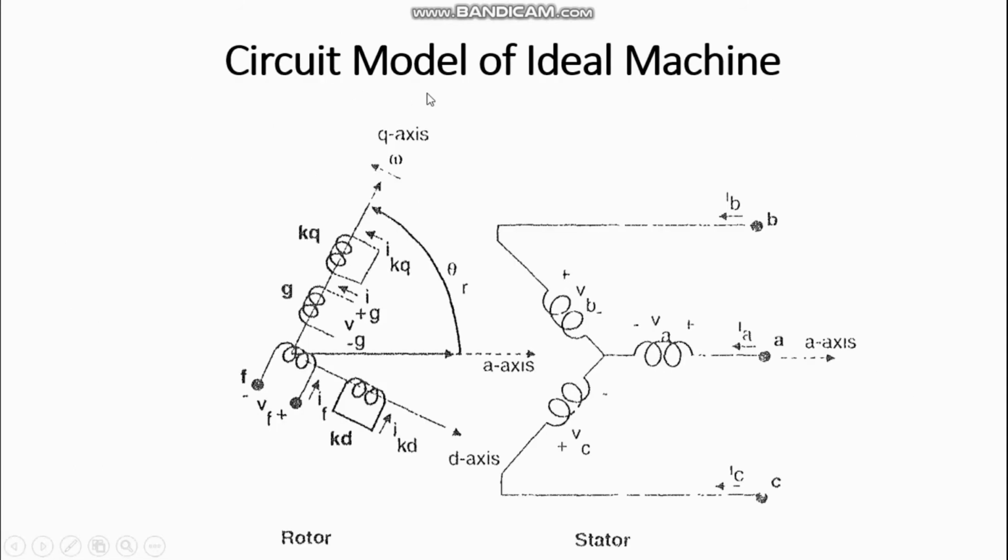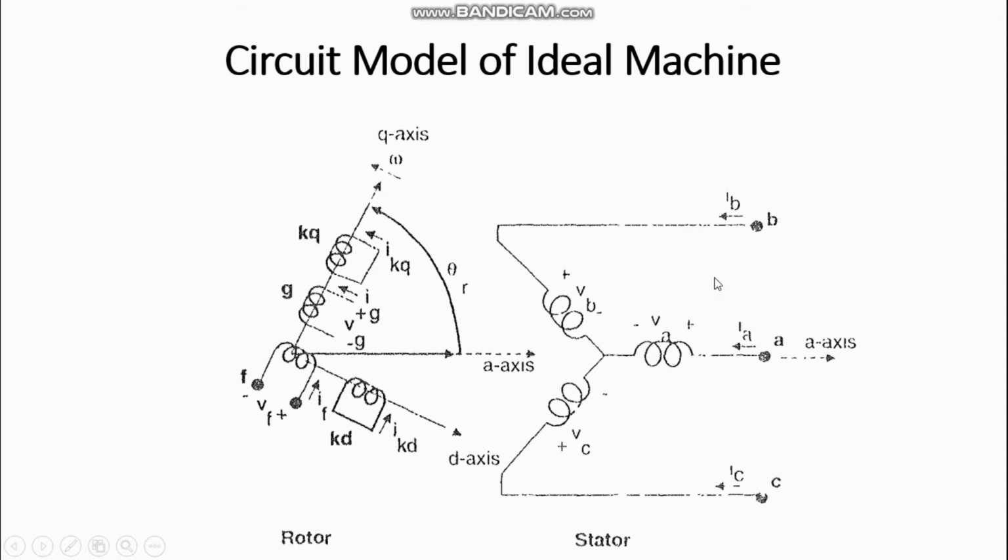This is a very important circuit model for an ideal machine. One thing I would like to say here is that, like the previous case, here also we are considering instantaneous values. The small letter indicates an instantaneous value, and these are the physical positions of our machine.